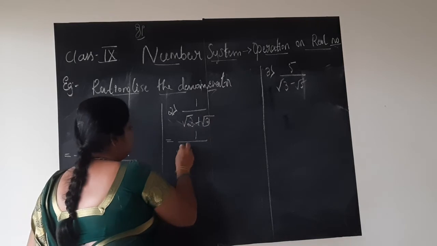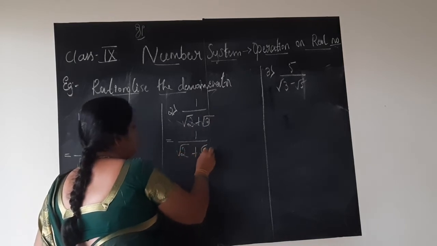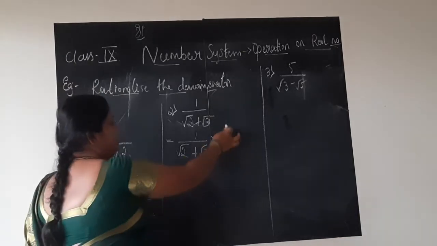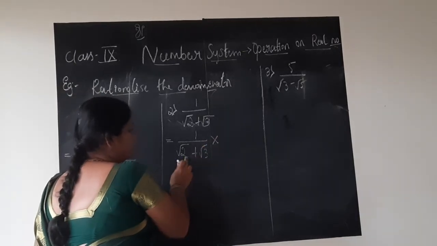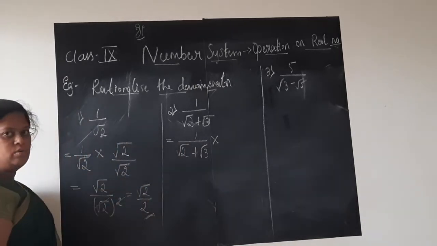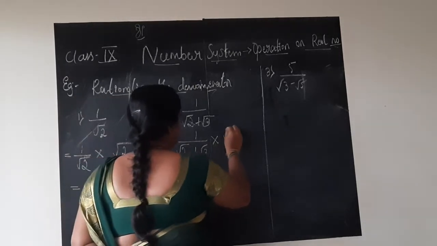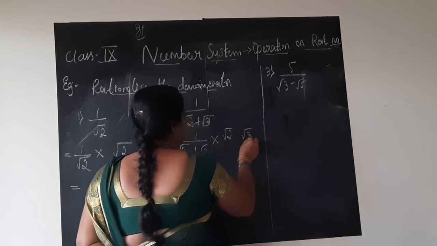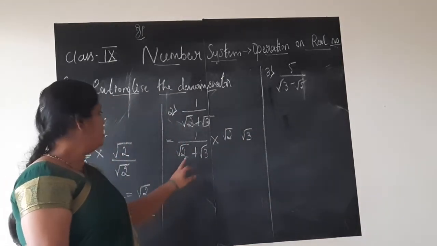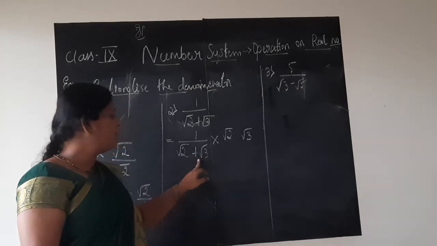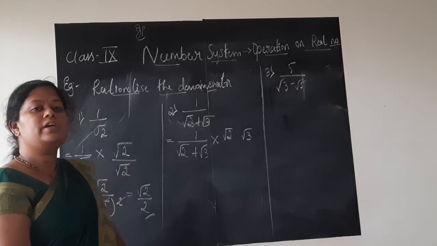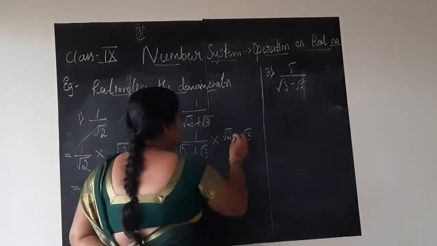As it is we will write the question, square root 2 plus square root 3, into what has to be written here in the numerator and denominator: whatever is there in the denominator. As we wrote root 2 here, also you will write square root 2, square root 3. But whenever two terms are there, children, if the terms have a plus sign in between, then when you write the terms in the numerator and denominator, change the sign.